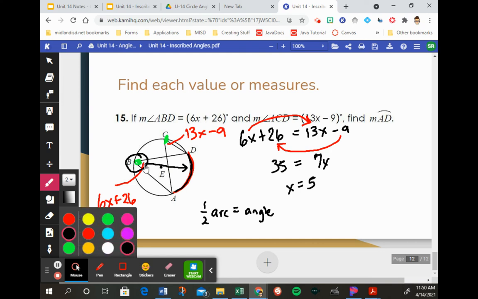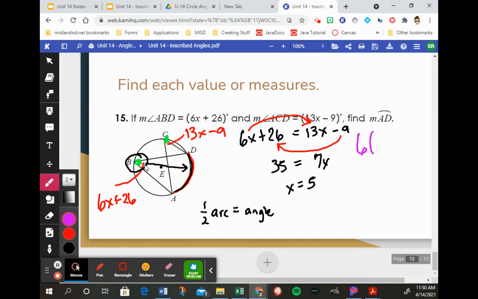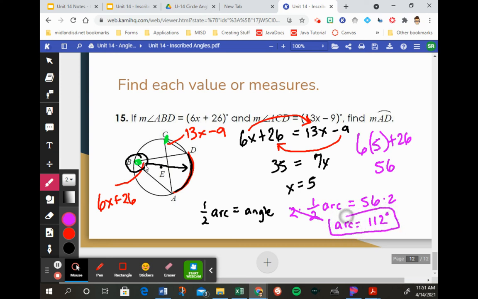So I'm going to plug in 6 times 5 plus 26. That's 30 plus 26, that's 56. So my angle is 56. So 1/2 the arc is equal to 56. Multiply by 2, that cancels. So my arc is equal to 112. And there's how I get my answer.